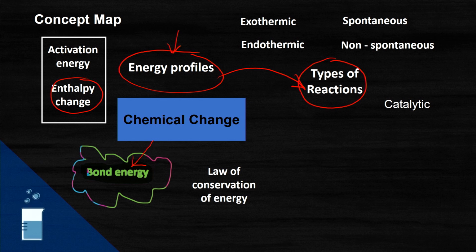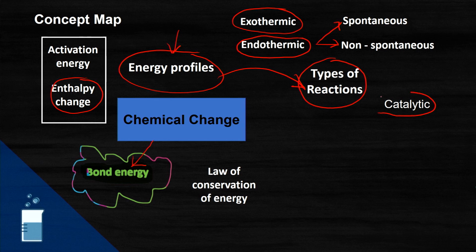We're going to have a look at exothermic reactions, those that release heat, and endothermic reactions, those that absorb heat to be able to happen. We also will have a look at spontaneous reactions and non-spontaneous reactions, and then we will check out catalytic reactions and what those look like and how the energy profile will change.